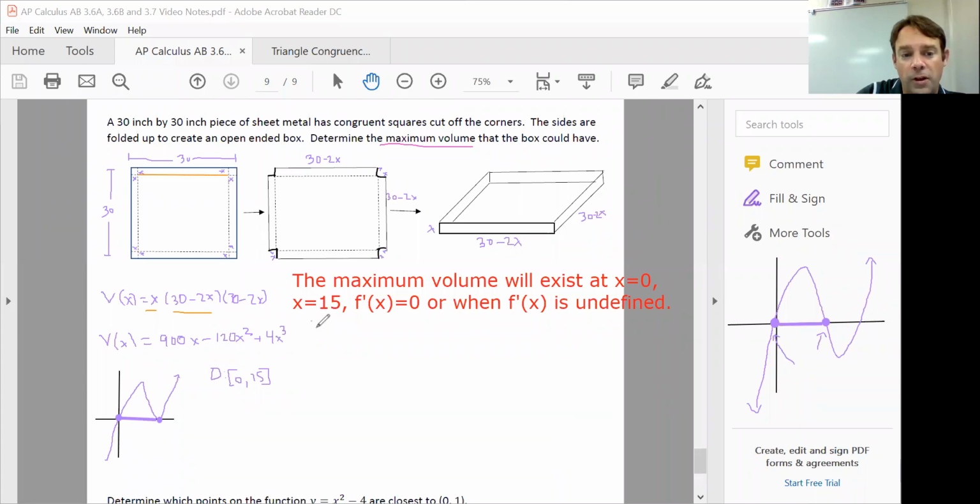So V prime of x equals 900 minus 240x. We're getting some big numbers. Plus 12x squared, set it equal to 0.